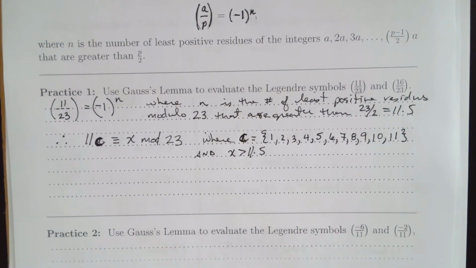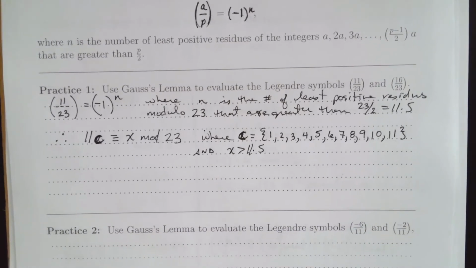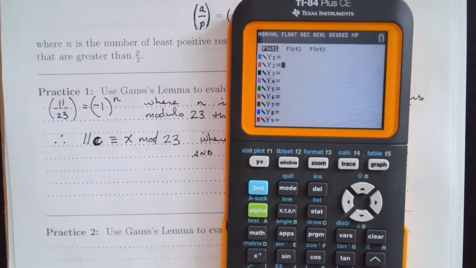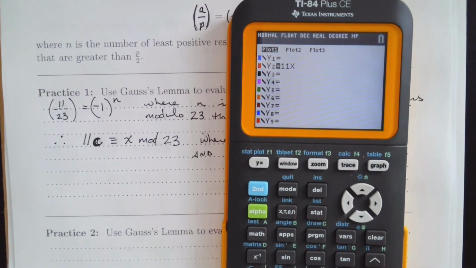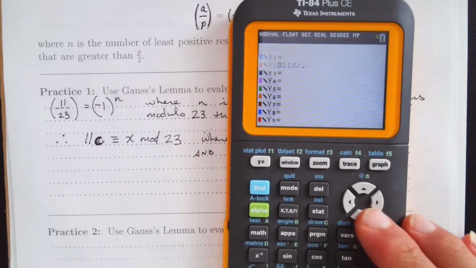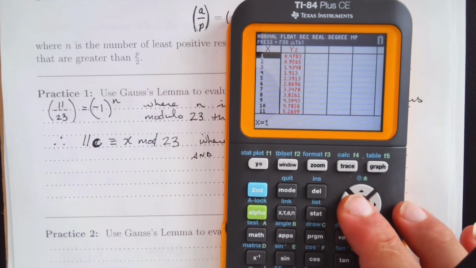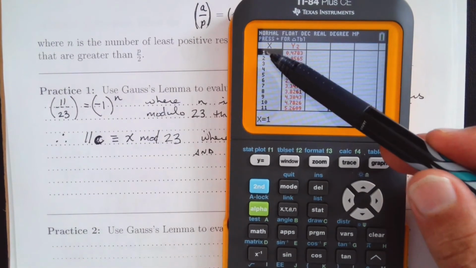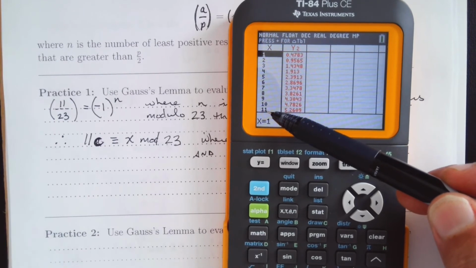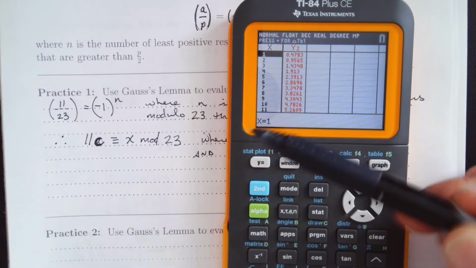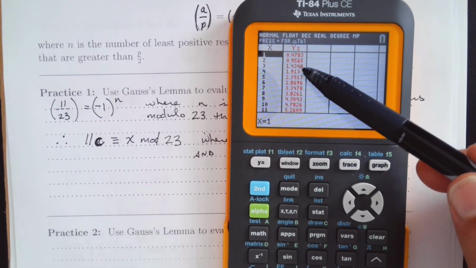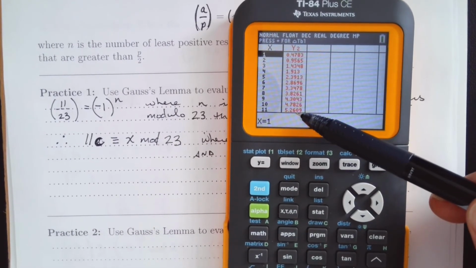Okay? Now, it really is a lot simpler if you think about what this represents on the calculator. On the calculator, I could say 11 times a number divided by 23. And if I look at my table of values, I'm looking at 1 through 11, half of the positive integers less than 23, and I'm going to see how many of these decimals are greater than 0.5.